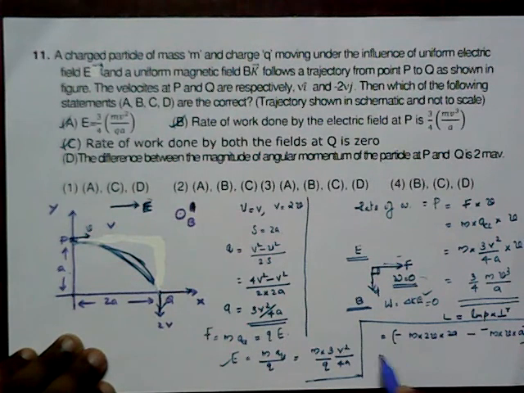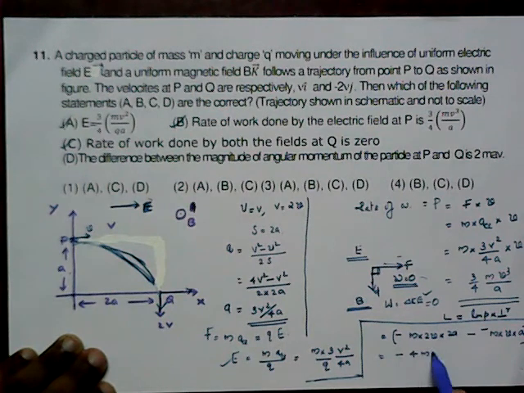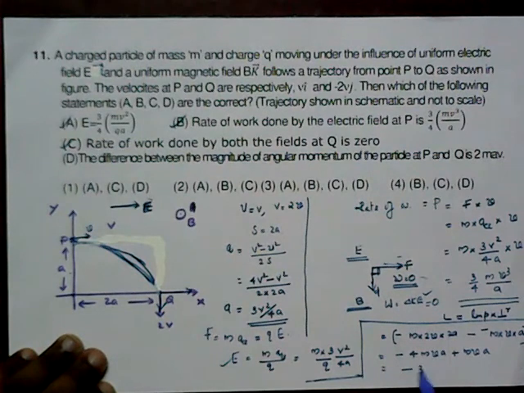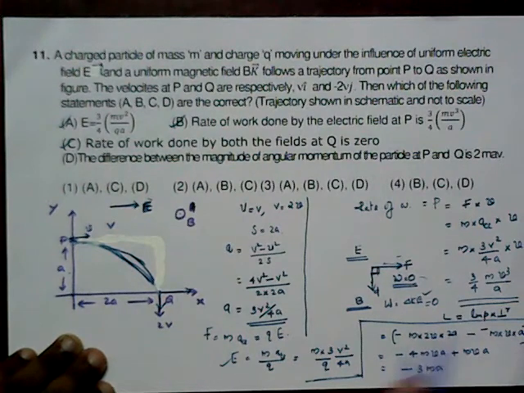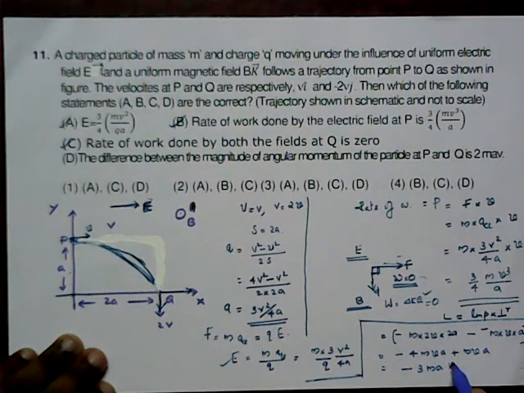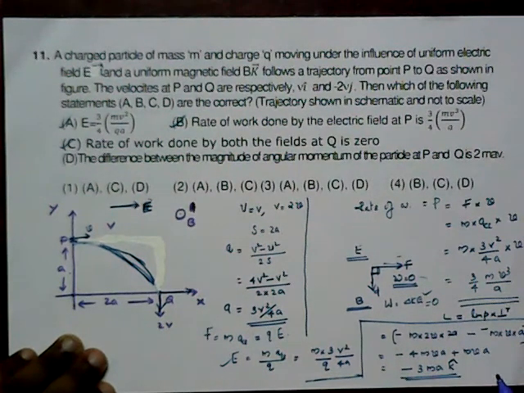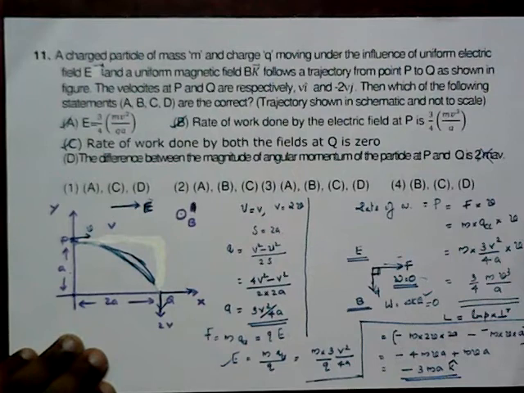That is equal to minus m into 2 into 2, 4 mva plus mva, so equal to minus 3 mva. Then what is the direction? It is vertically downward. So minus 3 mva k cap. But that is a wrong option.